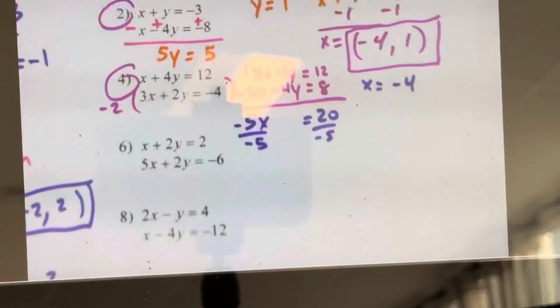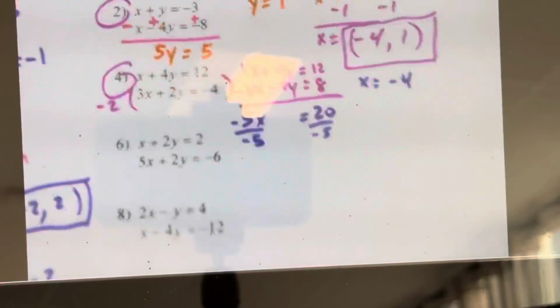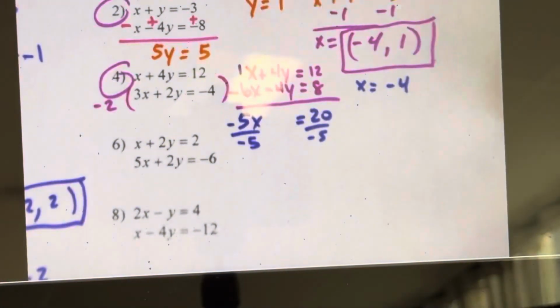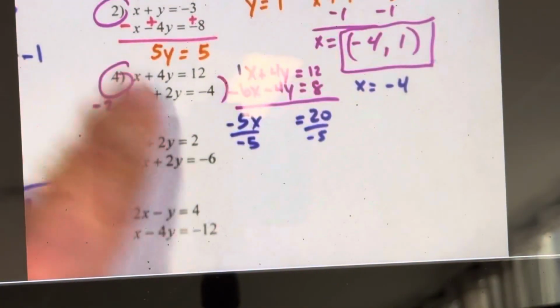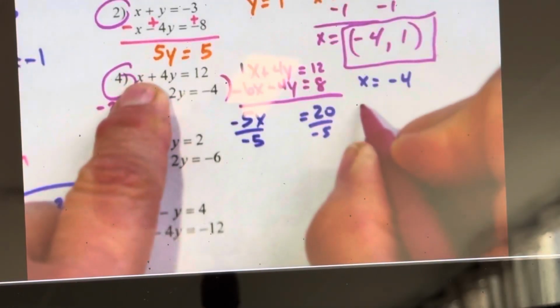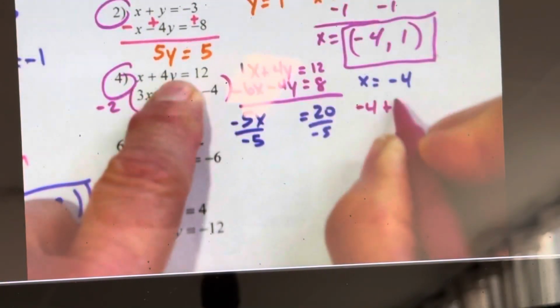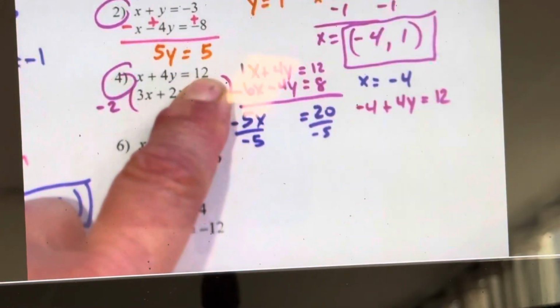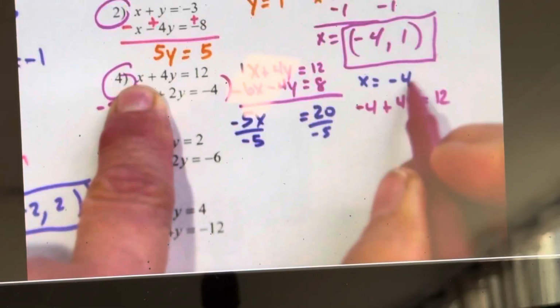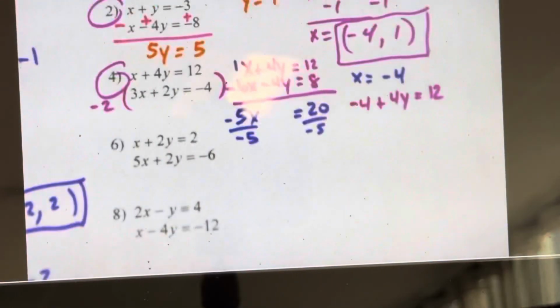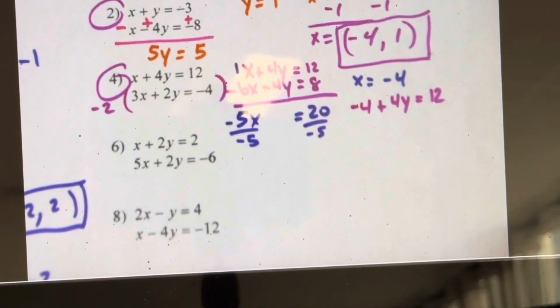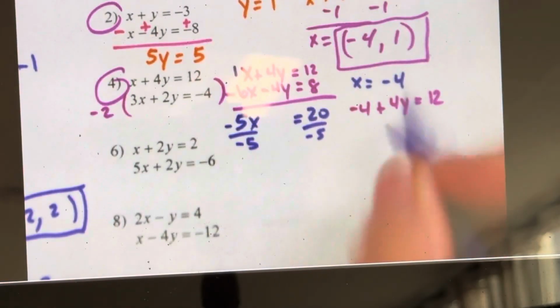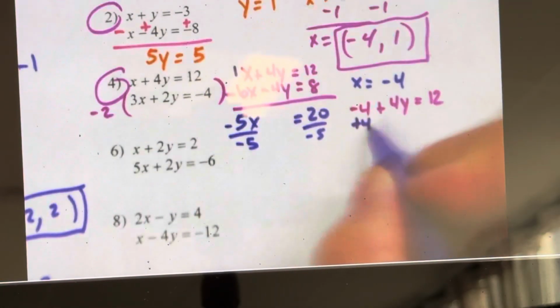So you have 3 equations you can choose. I'm going to choose the top one. So I have negative 4 plus 4y equals 12. I substituted negative 4 in for x. Again, isolate the variable, so I need to get rid of the negative 4, so I'm going to add 4 to both sides.